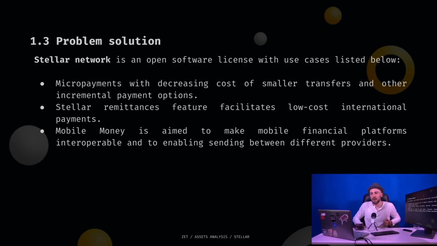In the case of Stellar, Stellar provides a kind of platform for developers and for existing financial institutions and banks. I think you should consider Stellar as an Android operating system for banks and financial application developers.